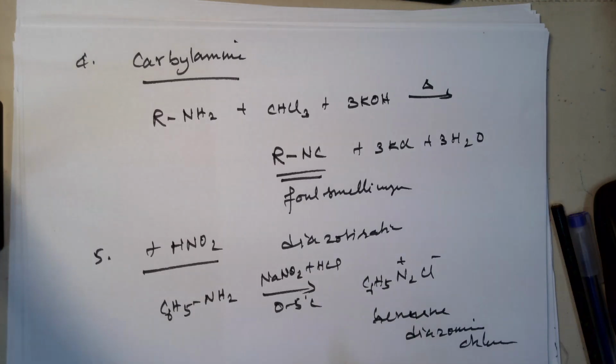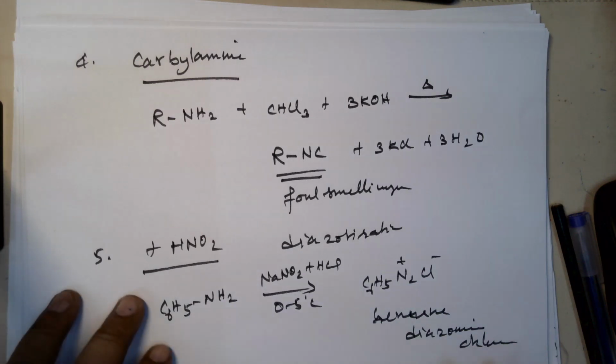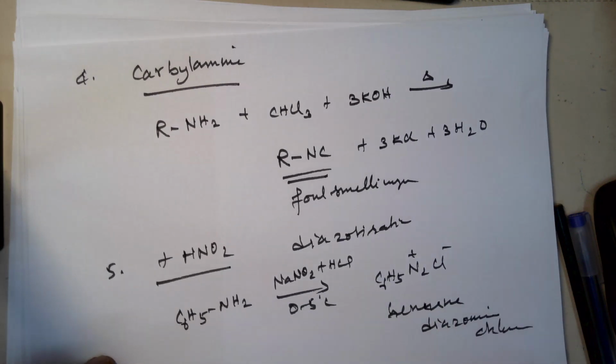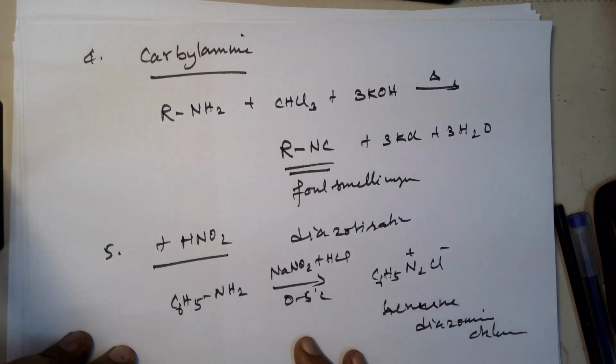We'll be exclusively studying the diazonium as a separate topic. Now let me proceed with the next one. The secondary amine and tertiary amine react differently, but primary amines will behave like this.